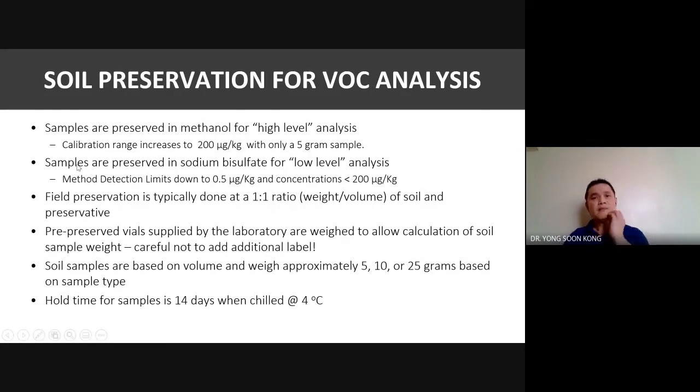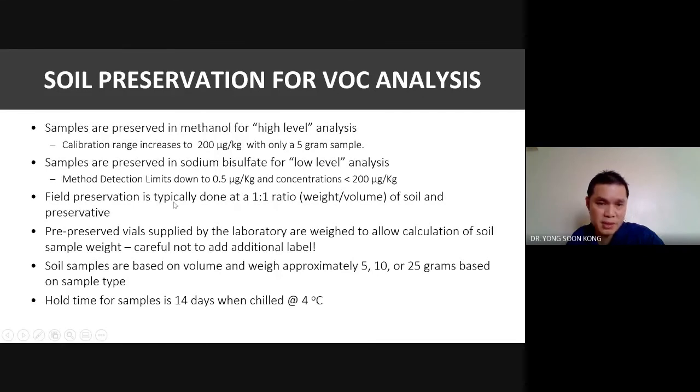And for low level analysis, if there's not much VOC, then okay, just use bisulfate, and it could preserve it. So how low is that? 0.5 microgram per kg. If you have prior information on how much VOC is inside the soil, then you can choose either sodium bisulfate or methanol. We don't use both at the same time. So remember, it's either one of these two, depending on how high the level of VOC is.